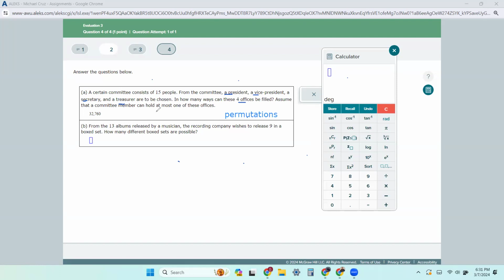If it were songs, you might think these could be ordered. But no, that's not what they're doing here. They're just going to take 13 albums, pick any 9 of them, and release those in one set. So we're going to do a combination. So that's combinations. The wording is tricky. That's what we got to look out for.